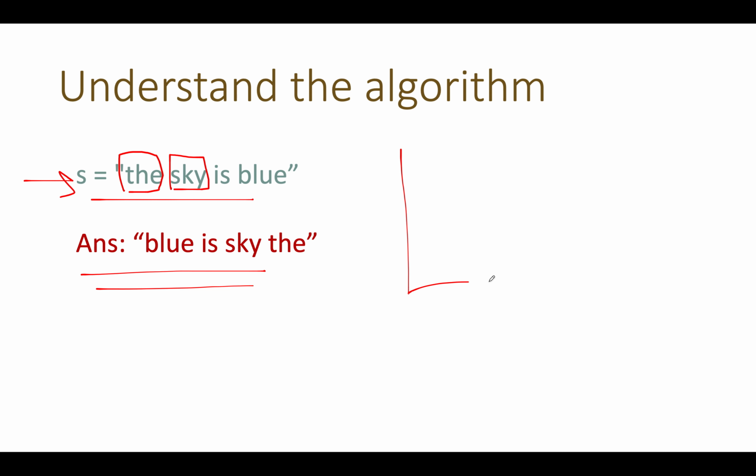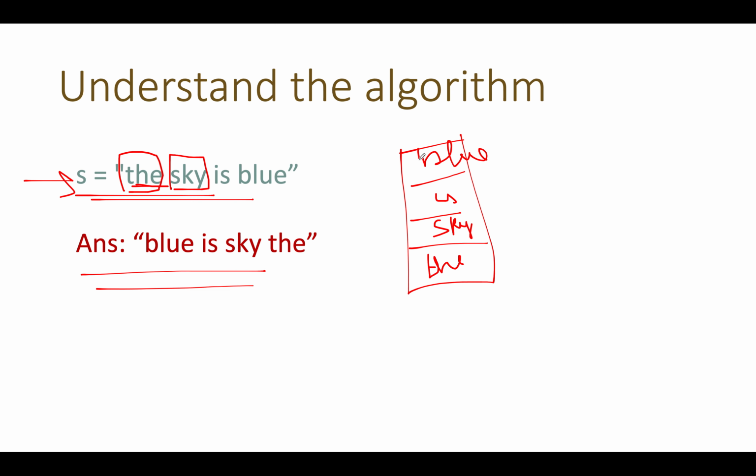For example, let's assume that I'm storing them in the form of a stack, and the first word that gets formed is the. So I'll store the in the stack. Then I have sky. Then I'll store sky. Then is, and then blue. So I have separated the entire string into words and I have stored each word in a stack.